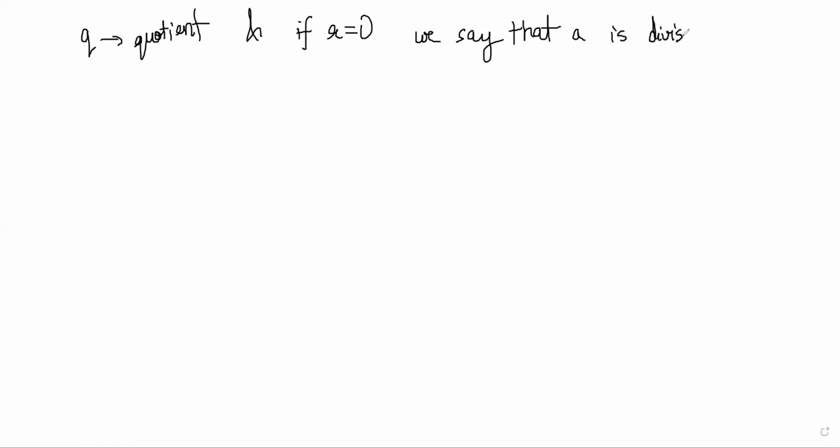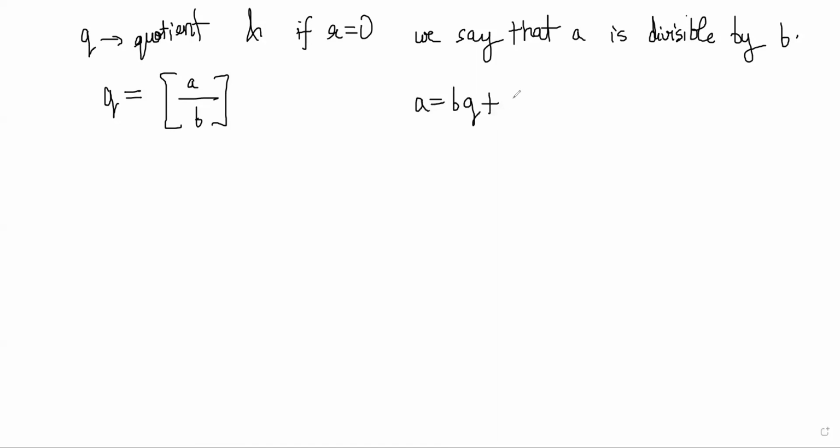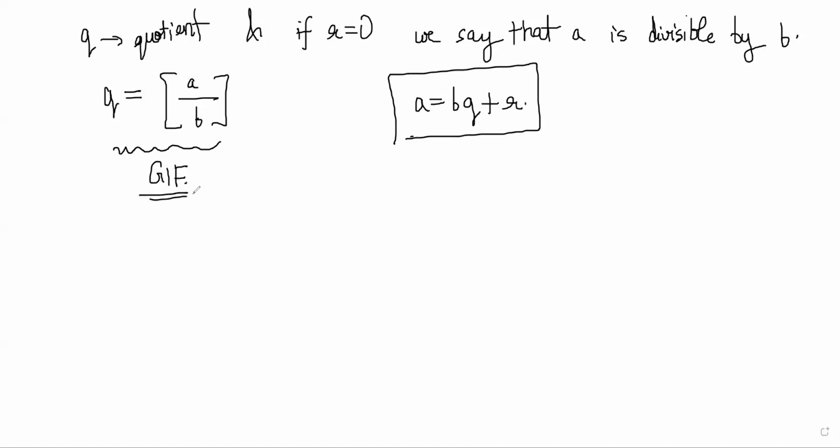And the quotient Q's value is actually the GIF of a by b. So we had a equal to bq plus r, and the value of the coefficient or the quotient q is the greatest integer less than or equal to a by b, right? So this fact is sometimes very useful in problems. So keep that in mind.